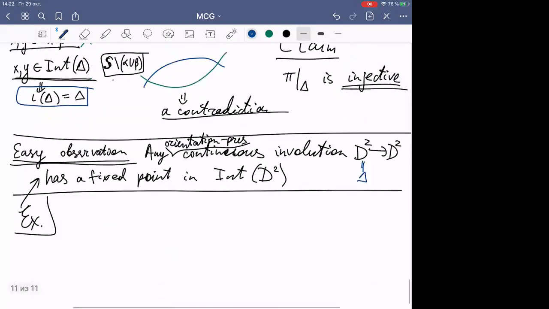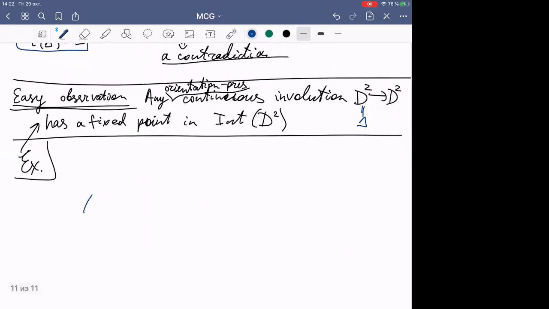Actually, it is better to finish the proof here in another way.